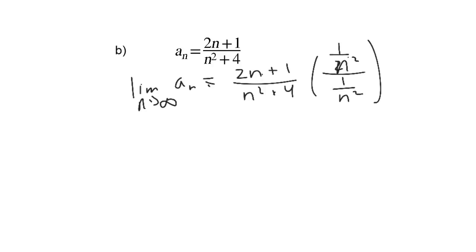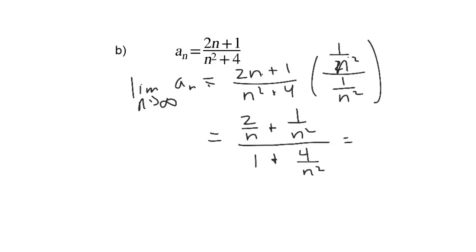And then I get 2 over n plus 1 over n squared. I simply distributed 1 over n squared through both terms in the numerator, and I'm doing the same thing to the denominator now, and I get 1 plus 4 over n squared. And if I simplify that, now I can use direct substitution. I can plug infinity into each place.